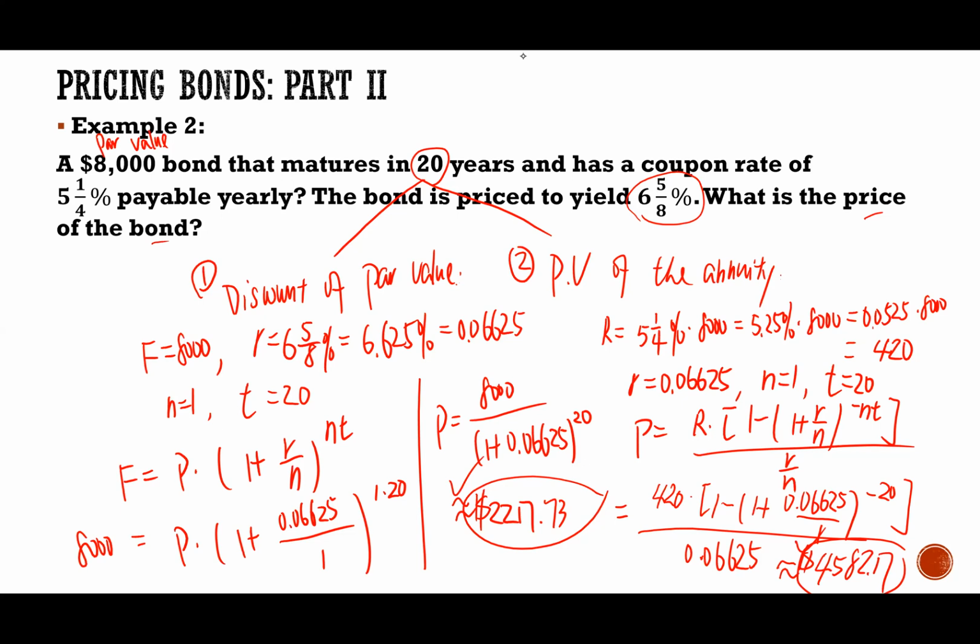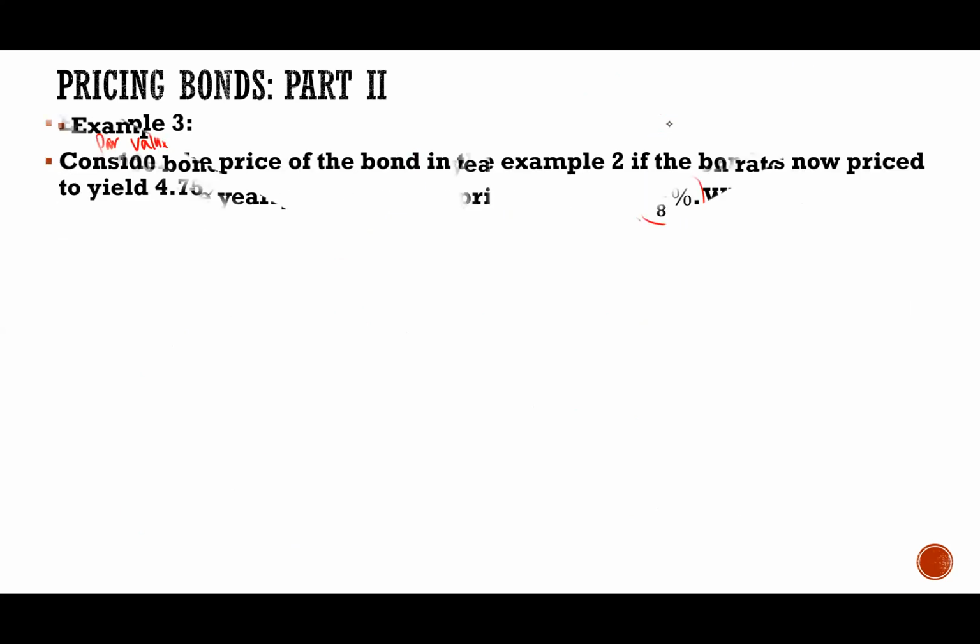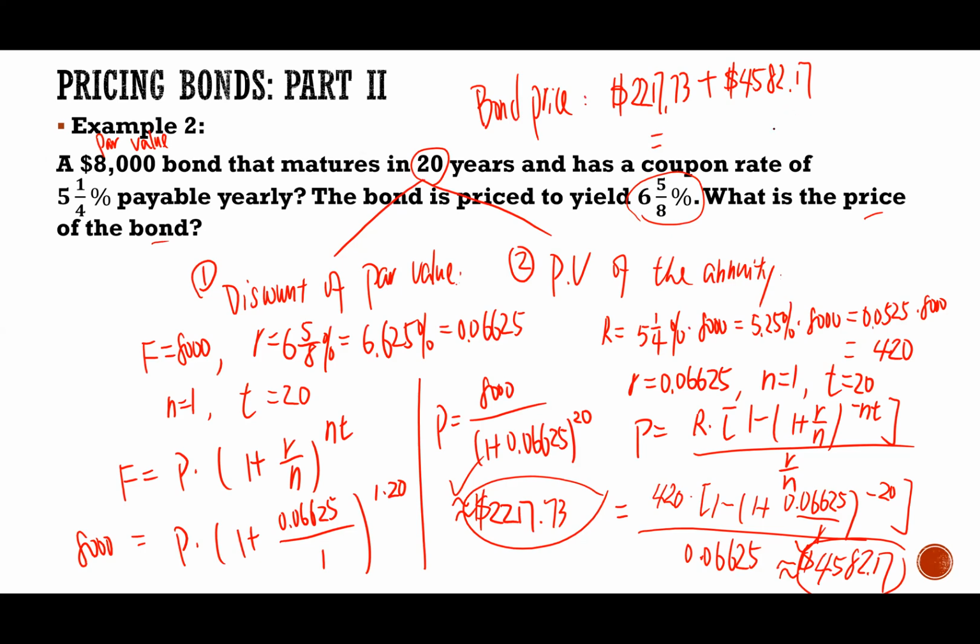So the final bond price is adding 2217.73 and 4582.17, and that should be the total amount.